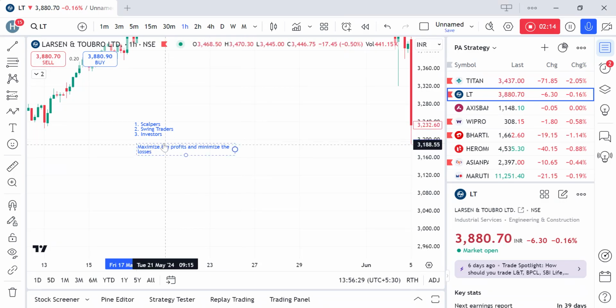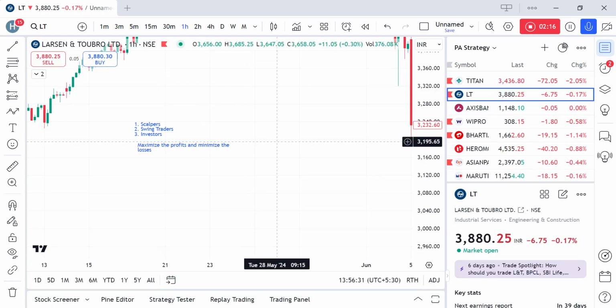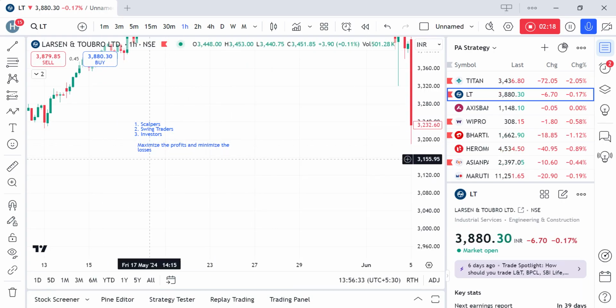This is the basic strategy for all types of traders. This is the only way to build up their capital, to gain a good profit, to increase their net worth. If you are a scalper, you have the same objective. If you are a swing trader, you have the same objective. If you are an investor, you have the same objective.